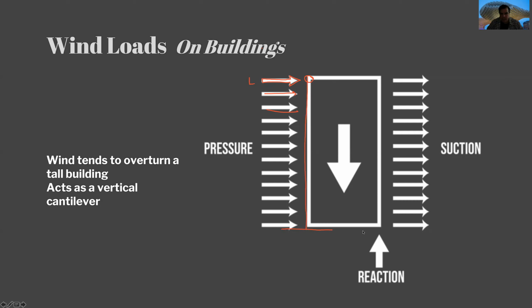And imagine the effect of this load, a force W multiplied by all this distance. It will create a moment here that will tend to overturn the building in this dimension. Therefore, this small load multiplied by this tall distance will create a very big reaction. If not, the building will move or tilt. Wind loads are very important in tall buildings.